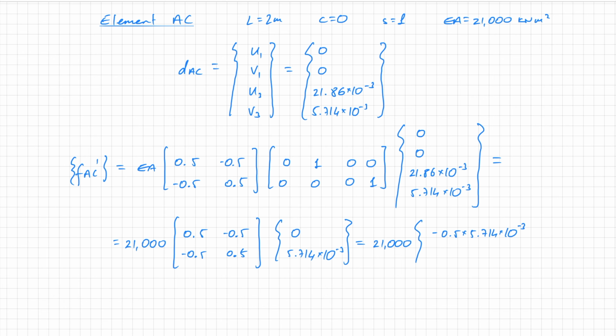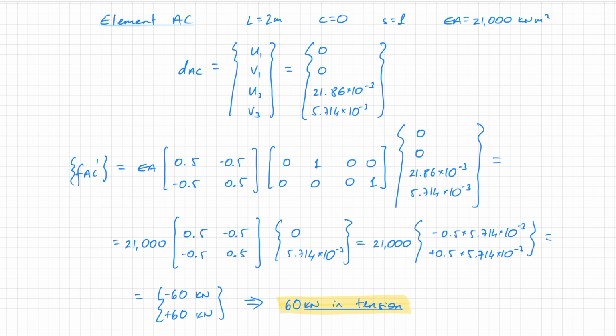And in the second row, again, it's just the plus 0.5 times 5.714 times 10 to the minus 3. And if I multiply everything, I get minus 60 and plus 60 kilonewtons in both cases. And if you recall from the lecture, we go by the last member of the vector. So this is 60 kilonewtons in tension.